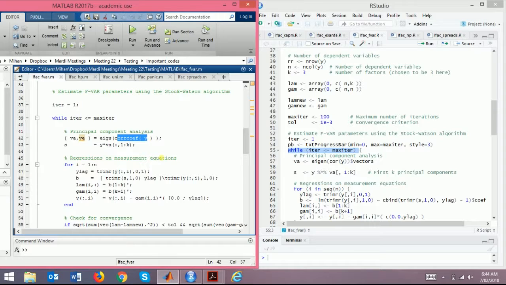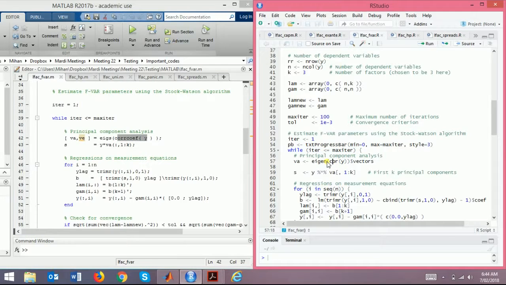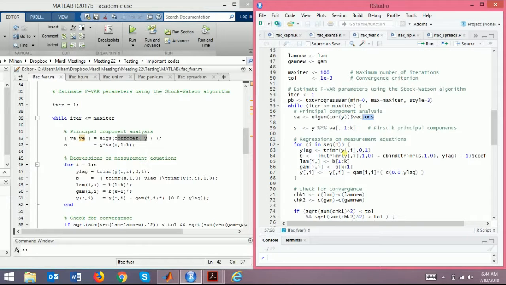So decomposition, we are doing principal component decomposition, and what we'll have is the correlation coefficient of y, we'll take the vectors. So eigens, core eigen y, right? So what is it that we are finding? Okay, let's have a look.